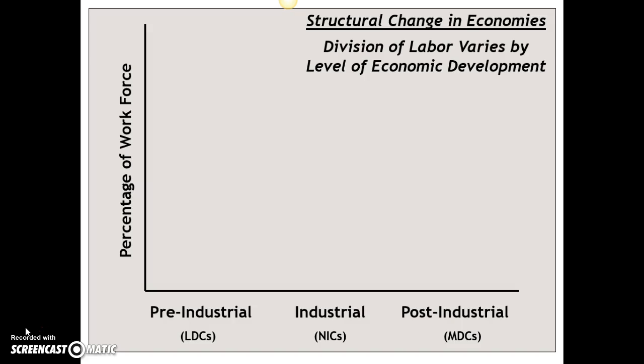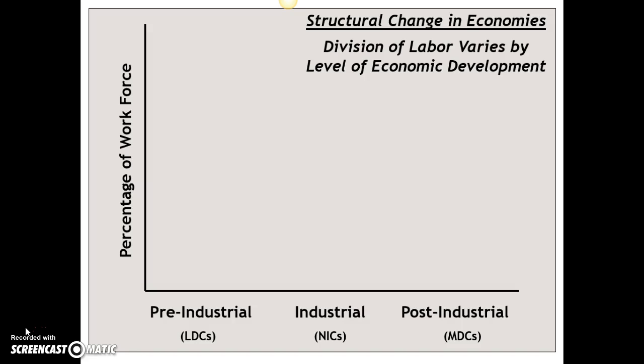So when we look at structural change in economies, and we're going to look at different stages of development, so our pre-industrial, which is to say our less developed economies, these ones again are ones where lots and lots of people are in agriculture. Okay, lots and lots of farmers, not so many people in manufacturing, and even fewer people in those service industries. Then we get into our industrial economies.